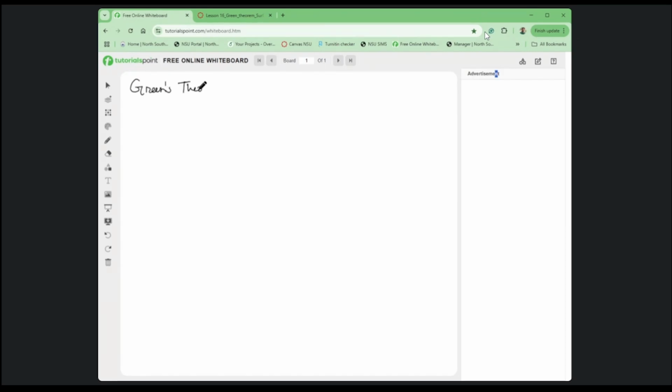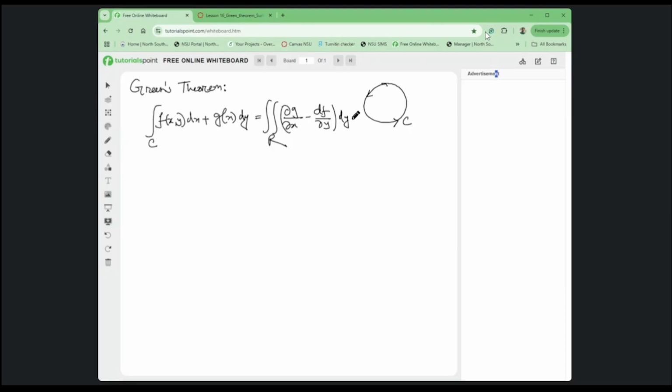Keep in mind, Green's theorem is: if we have such a closed domain which is defined by C, then the integral of F(x,y) dx plus G(x,y) dy over C, since C is circular or any kind of closed domain, should be equivalent to the double integral over R of del G del x minus del F del y, dy dx, or dx dy, whatever you like.